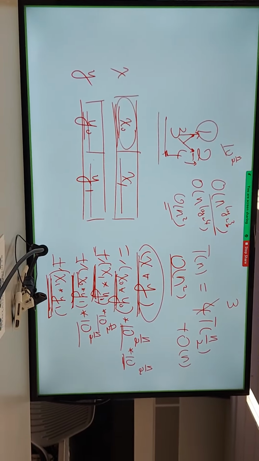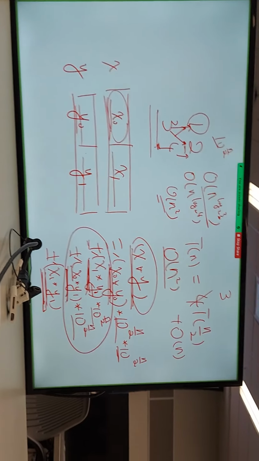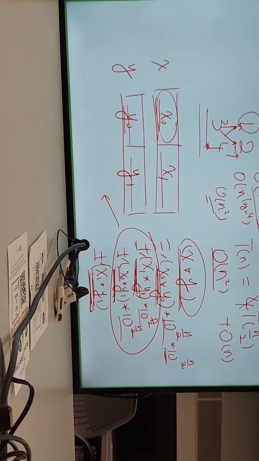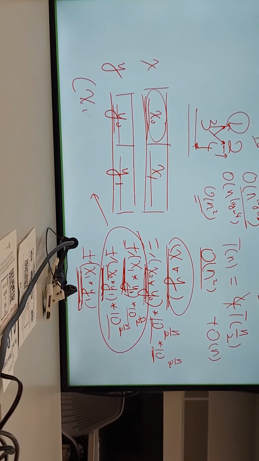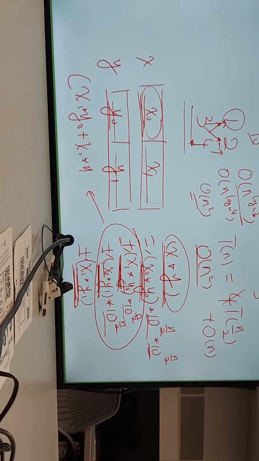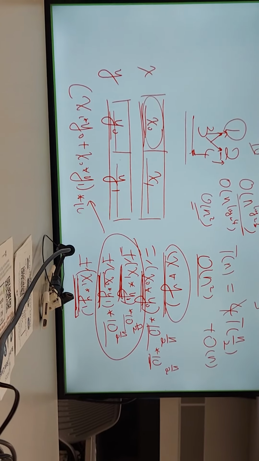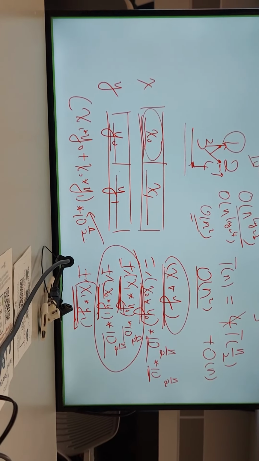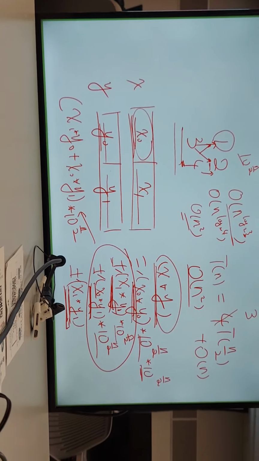But if we look further, we realize that these 2 terms can actually be summarized as (x1 y0 + x0 y1) times 10 to the power of n. So you simply group those 2 terms together.